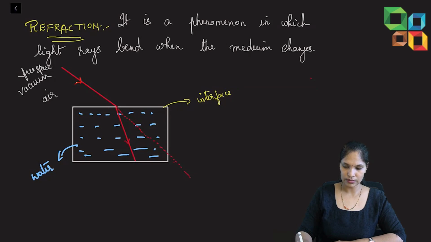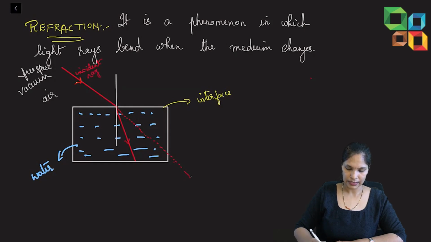So now let me draw a normal to this surface. So this is a normal at the point of incidence. Okay, fine. So this is the original direction. This is the incident ray. This is the refracted ray.